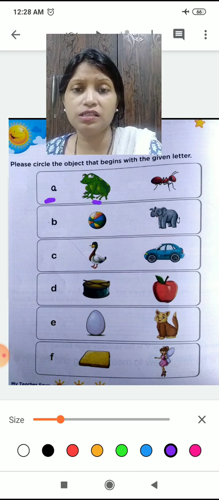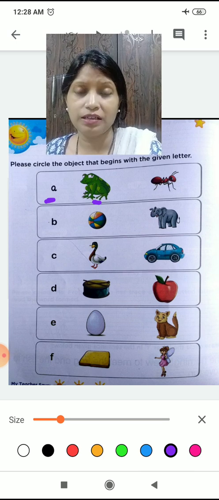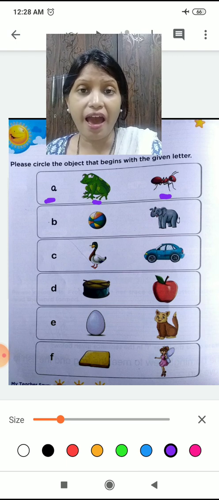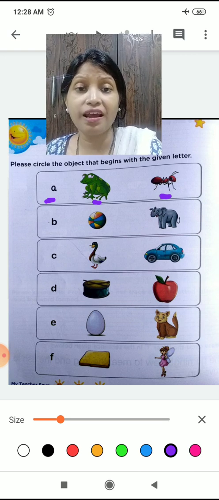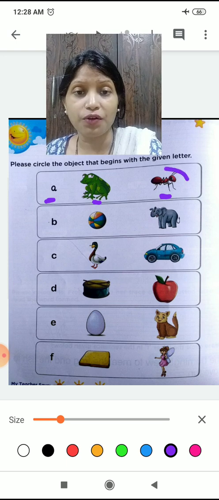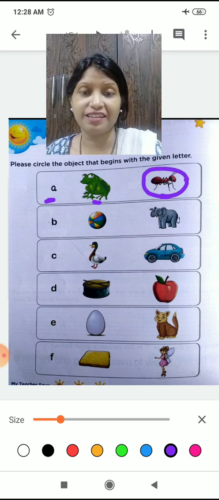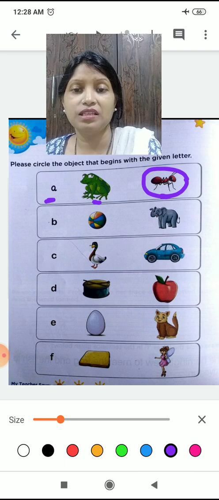What is this children? Frog. Does it start with alphabet A? No. What is it? Ant. Yes. A has a sound of A. So A is for ant. So you have to circle it. Right? Okay.